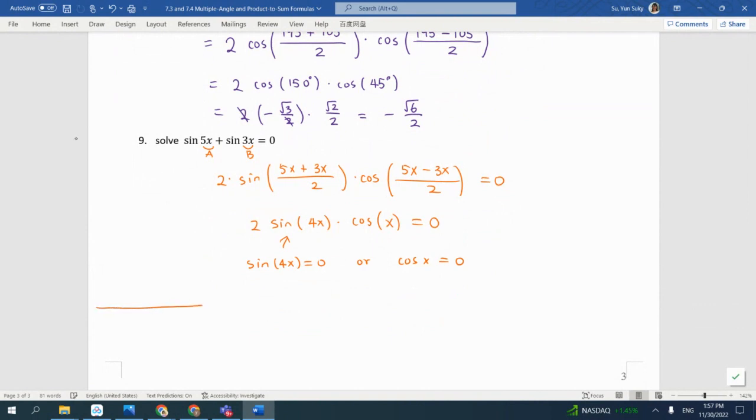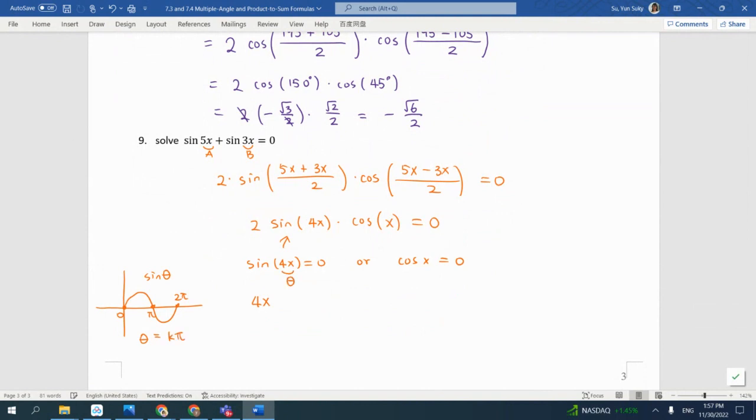Okay, now this is the tricky part. Sine. What angle gives us sine equal to 0? Well, it's 0, pi, and 2 pi. Then you can say that is k pi, right? But now our angle is 4x. So let's say this is sine theta. Then your theta is k pi.